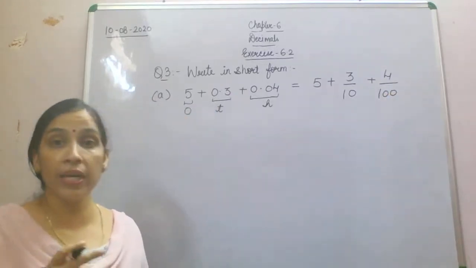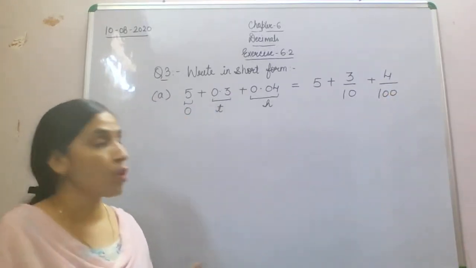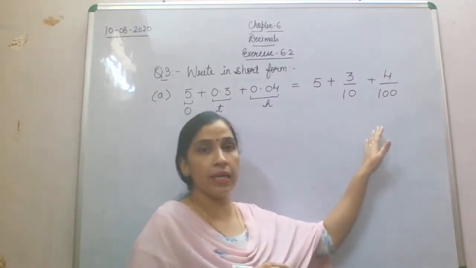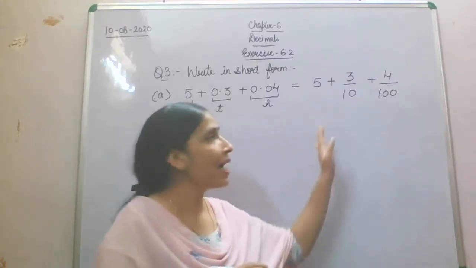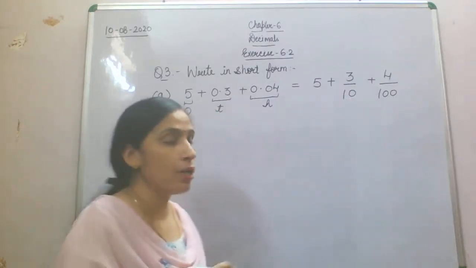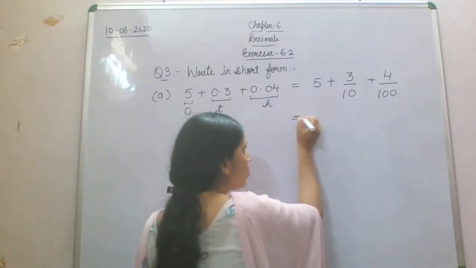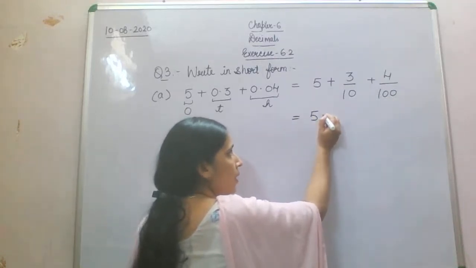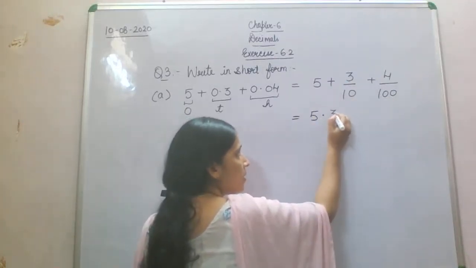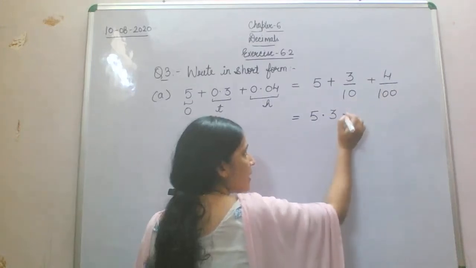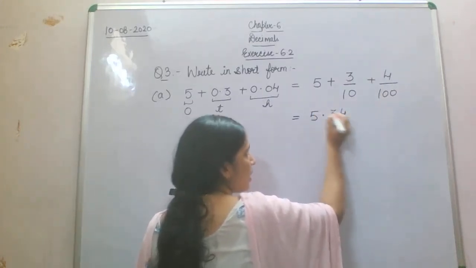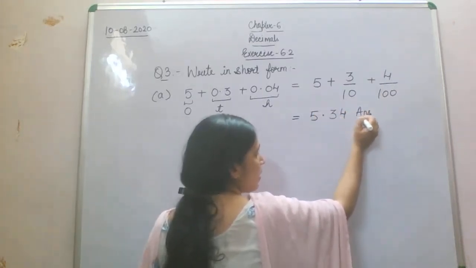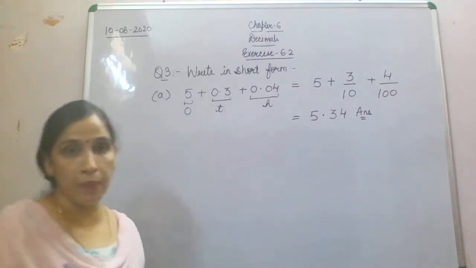So now you can easily tell which is your whole number part and which is your decimal part. So how do we write it in decimal? 5, which is the whole part, point, then the first tenths place, then the hundredths place. This will become your answer of part A.